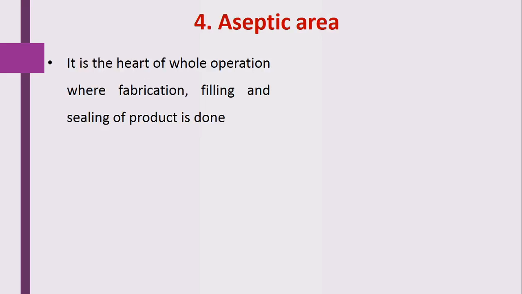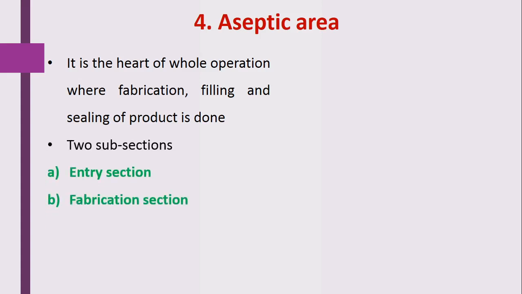Let's move next to the aseptic area. The aseptic area is the heart of the whole operation, where fabrication, filling and sealing of a product is done. This aseptic area is divided into two subsections, that is the entry section and the fabrication section.